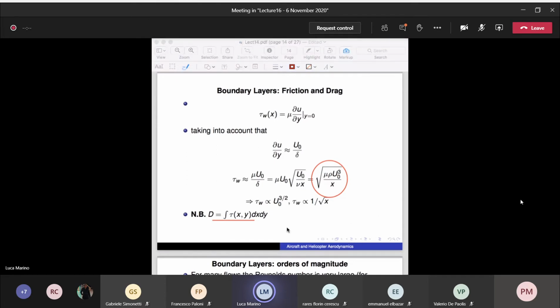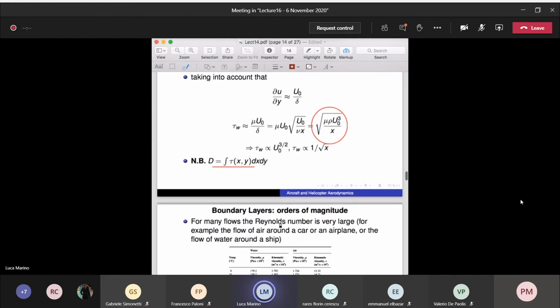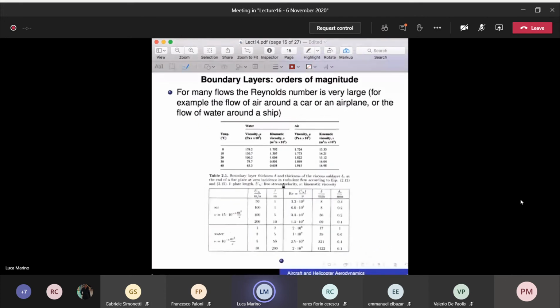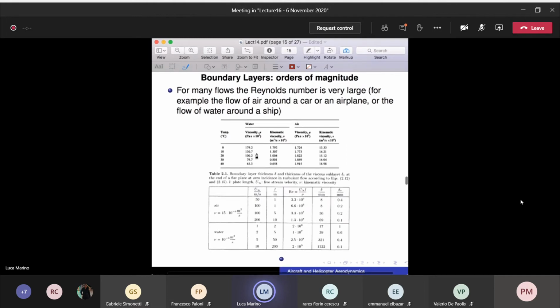Okay, if it is clear, we can go on and discuss this table, which is interesting because we understand immediately when it's correct to say that delta is different from L. So, for example, we know that for water and air, the dynamic viscosity and kinematic viscosity are of this order of magnitude.